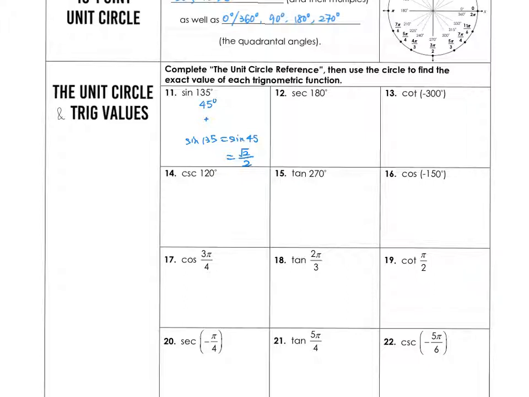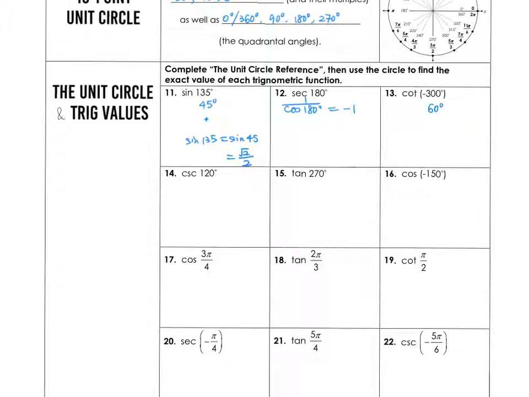Secant 180. So this is a quadrantal angle. Remember, secant is related to cosine, so that's the reciprocal. Cosine 180 equals -1. Cotangent -300, so reference angle should be 60 degrees.